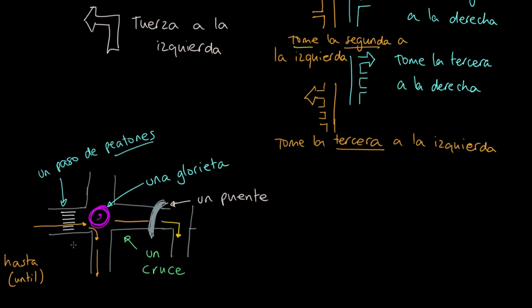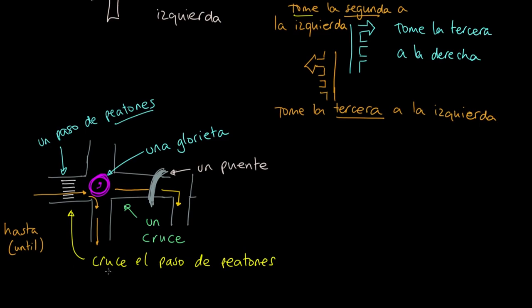Like here, if we wanted to cross the pedestrian crossing, I could say cruce el paso de peatones. And another word that means the same as cruce is atraviese. Atraviese el paso de peatones. Cross, go across the pedestrian crossing. Okay, so cruce, go across, atraviese, also go across.